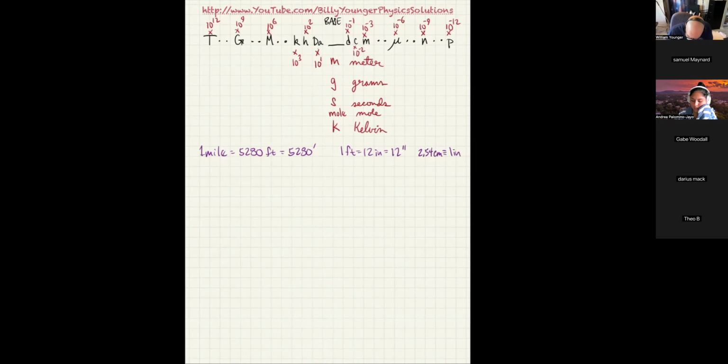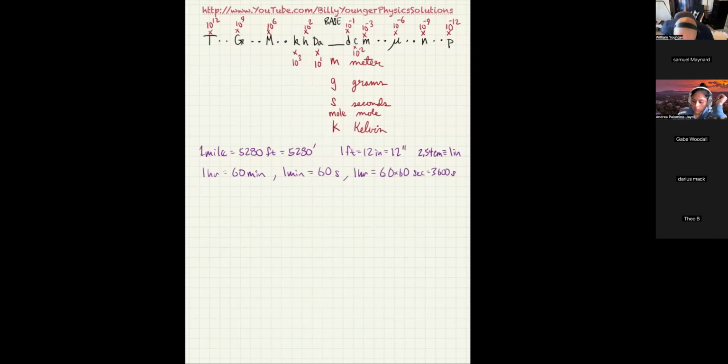You also should know that 1 hour is equal to 60 minutes, and that 1 minute is equal to 60 seconds, and that 1 hour is equal to 60 times 60 seconds, which equals 3,600 seconds.